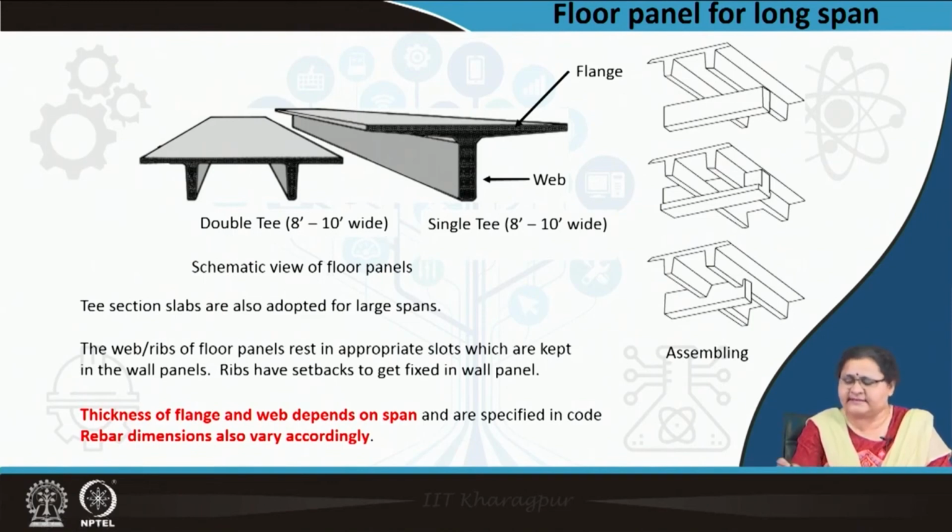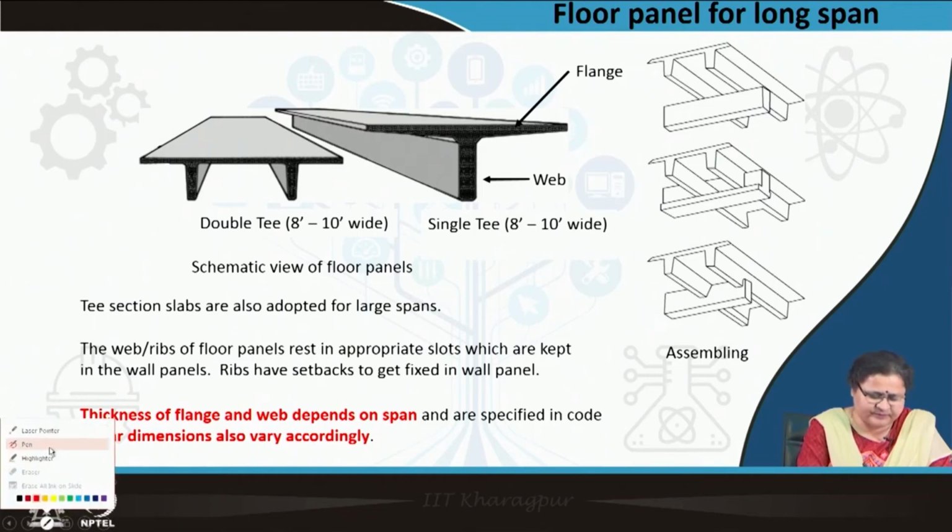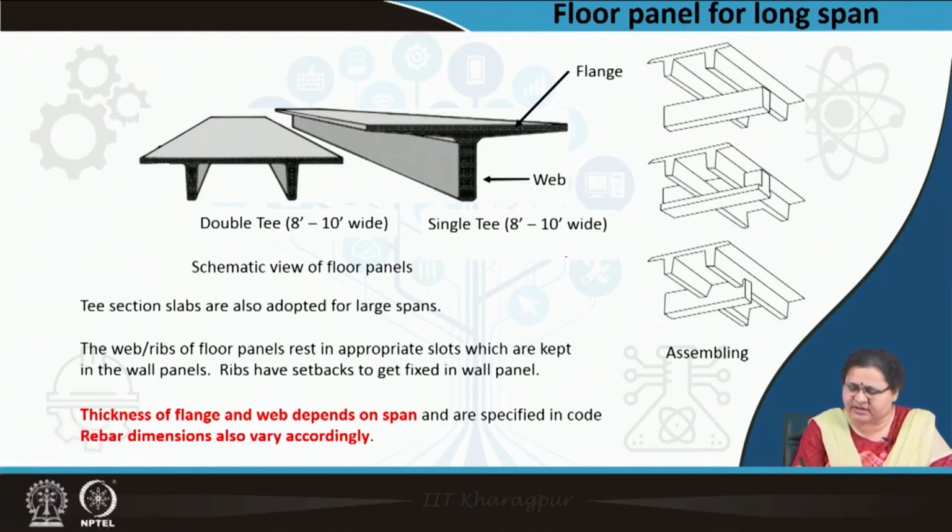Now, these can sit over a system in the way it is shown here. There may be special notches at the end of the T. There may be special notches in the web to get into a walling system.